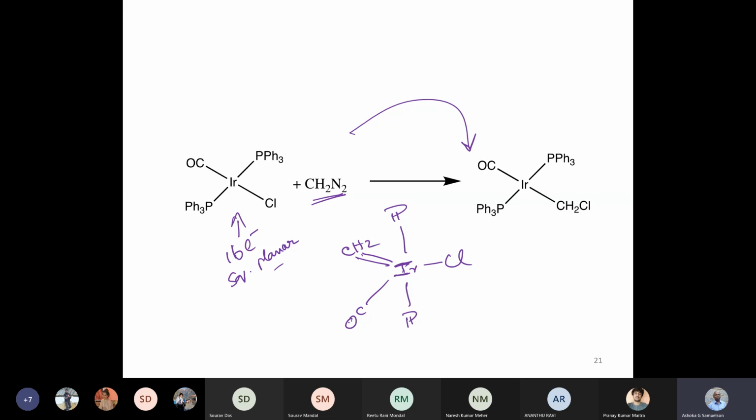So now I have two 2-electron donors. The chloride, which is a 1-electron donor, can migrate to a CH2 group, or it can migrate to a CO group.